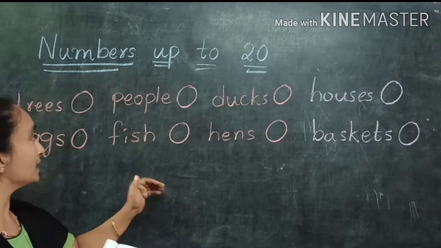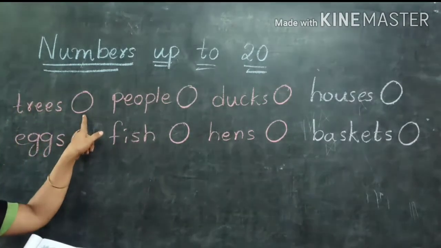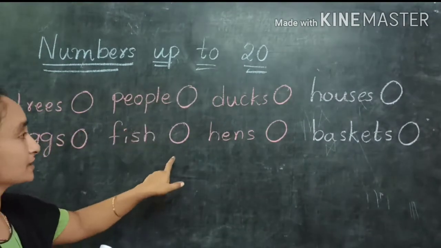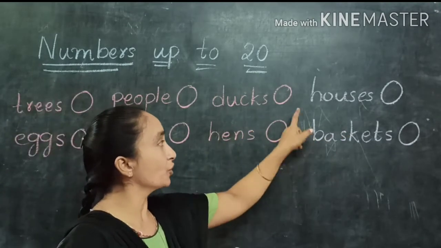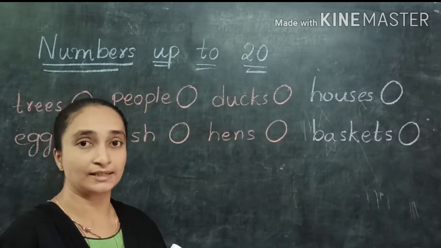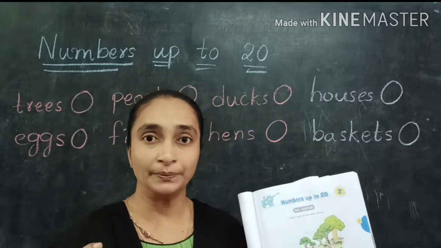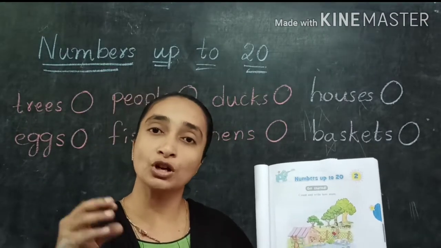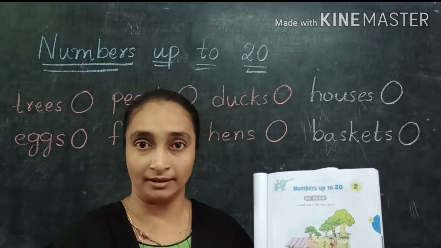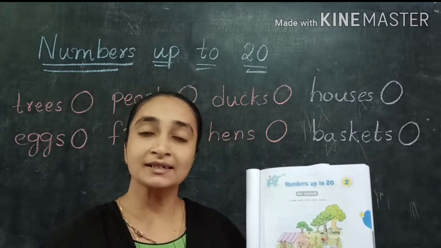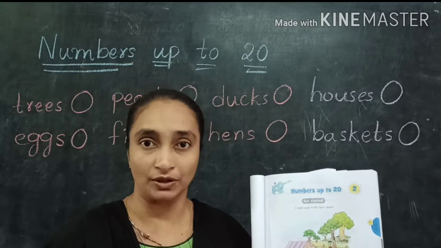In front of these words I have drawn circles also. First we have to observe the picture carefully, and then count and write how many there are in the picture. What are the things and how many things are there in the picture.